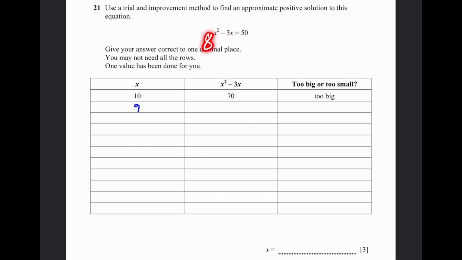We'll see 9 squared is 81 minus 3 into 9, 27, which is equal to 54. So we got 54. So it'll be just a bit too big. So we'll take 8.5 because 8 will be too big of a decrease. Because we can see it decrease by 16 here. It'll be decreased by at least 12 or something next. And that'll go down to 42.